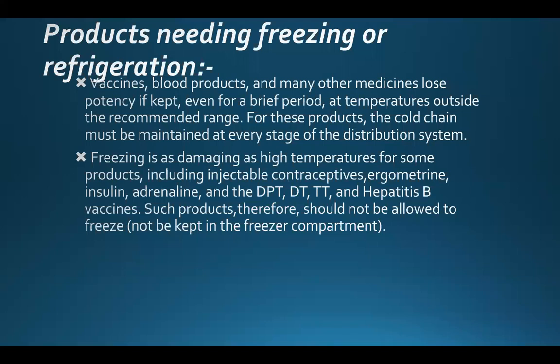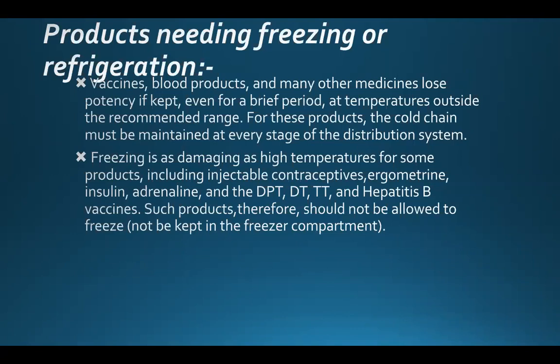Freezing is damaging, as is high temperature, for some products, including injectables, contraceptives, ergometrine, insulin, adrenaline, and DPT, diphtheria pertussis. These are vaccines, along with hepatitis B vaccine. Such products should not be allowed to freeze or be kept in the freezer compartment. So these products must be placed under refrigeration, but not frozen.